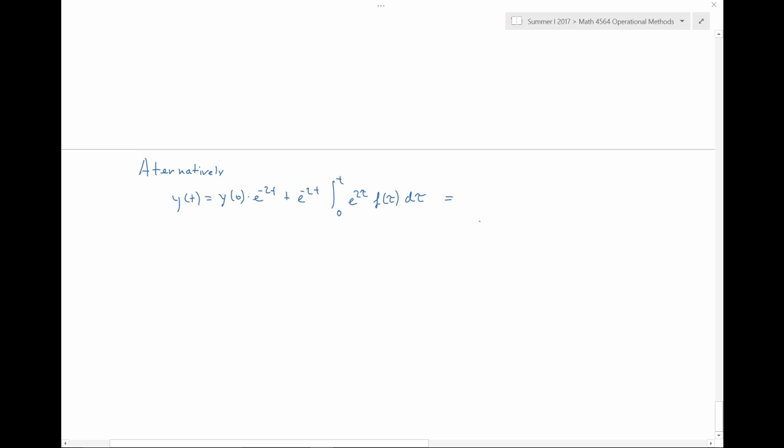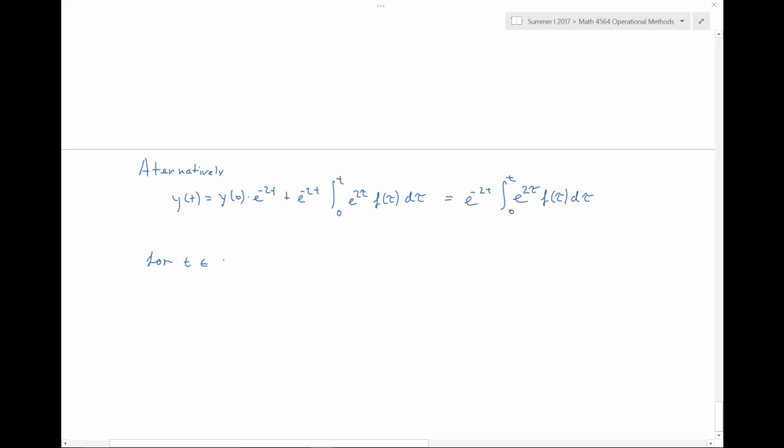Since the initial condition is 0, we get that the function y of t is just the part with the integral. And function f behaves differently when tau is from 0 to 1, when tau is from 1 to 2, and when tau is from 2 to infinity.